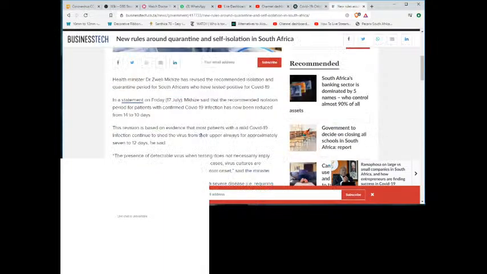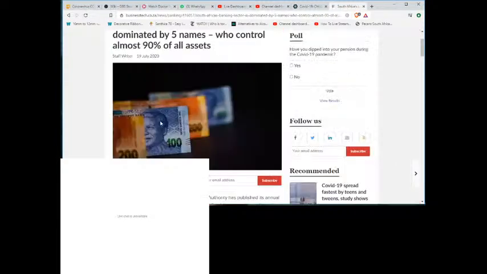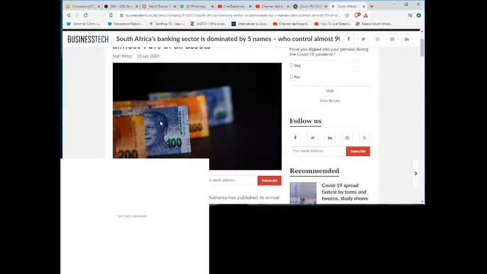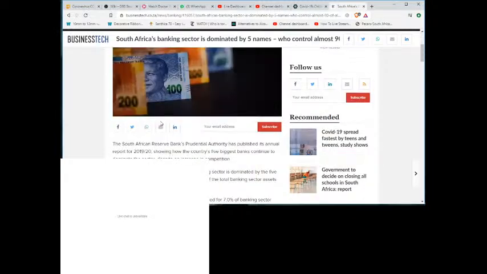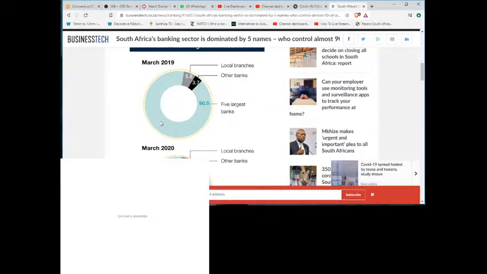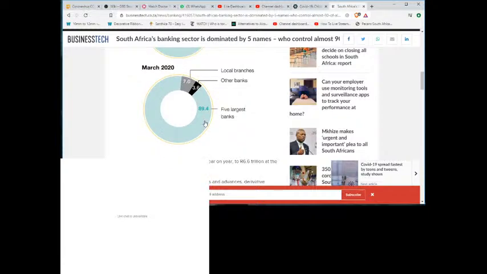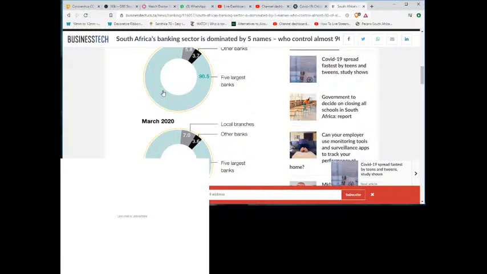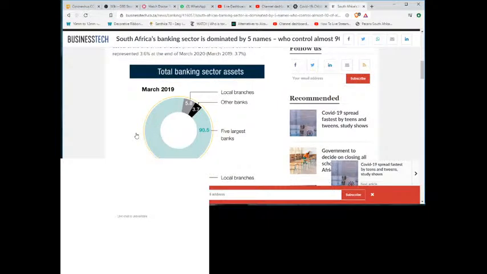Words and numbers. Let's see if we can find one. Not really. Almost, but not quite. There is a beautiful image of words and numbers. Total banking sector assets. So, this is what we've got here.